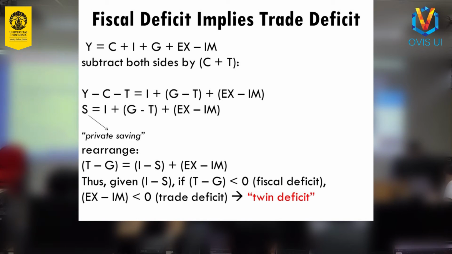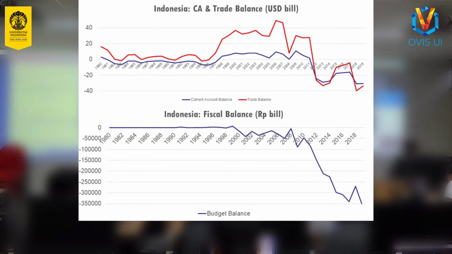And as I said earlier, this reflects exactly what is happening with the Indonesian economy now. And this is the chart, if you want to see. By the way, this is in value. So the top one is the trade balance, in billion US dollars. And the bottom one is our fiscal balance, APBN in bahasa Indonesia.